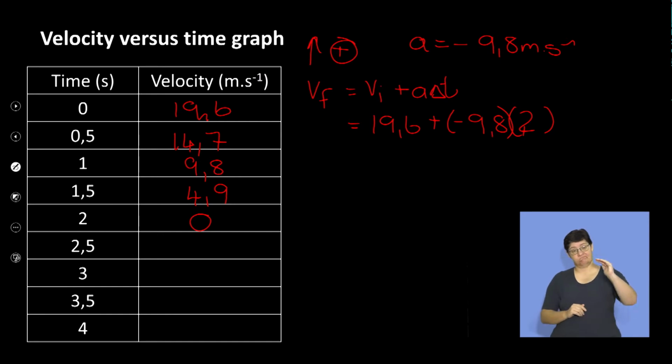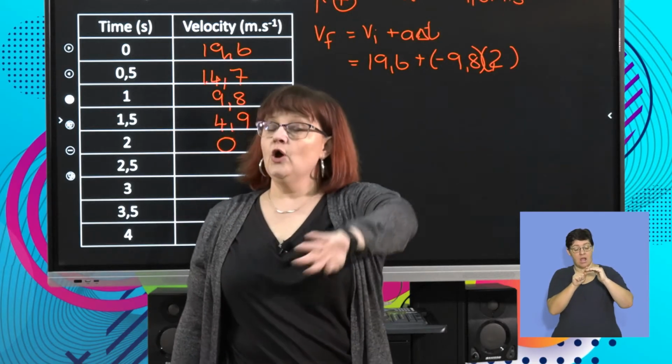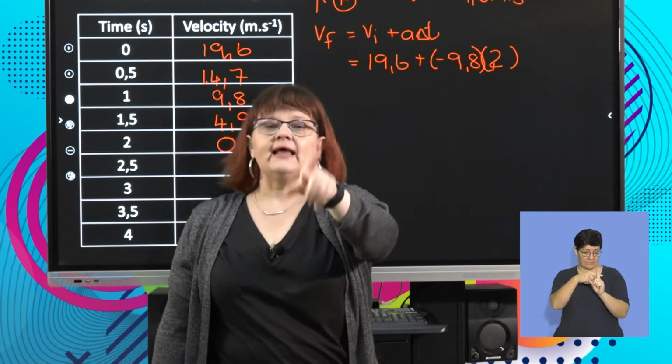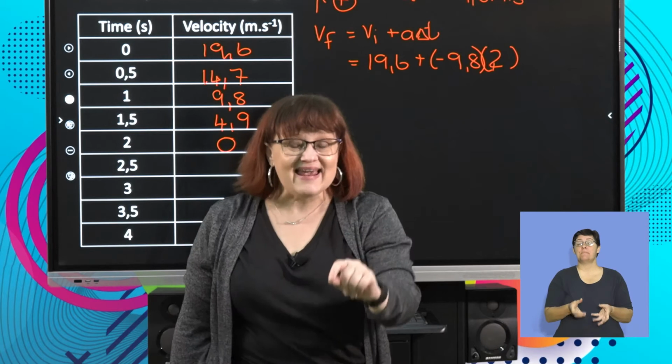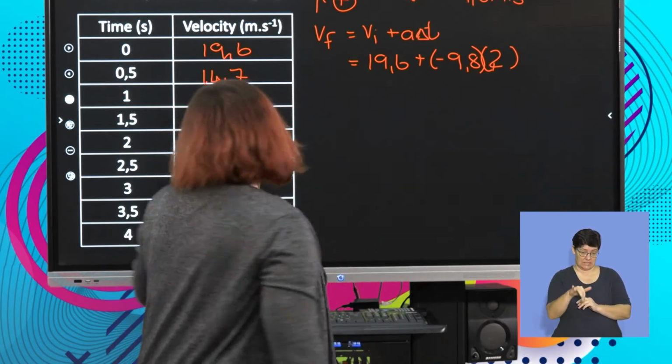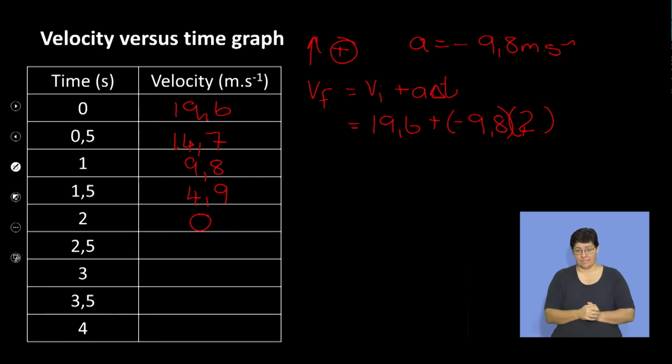Okay? Now, we need to look at what happens after that. So, our assumption is that now it's going to come back down. Up was my positive direction. So it means that now I should be getting negative velocities, okay? So let's see if that's what happens.